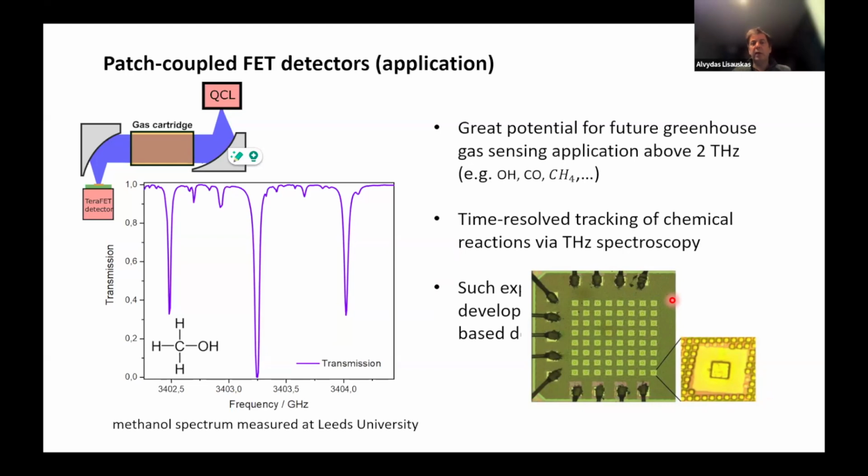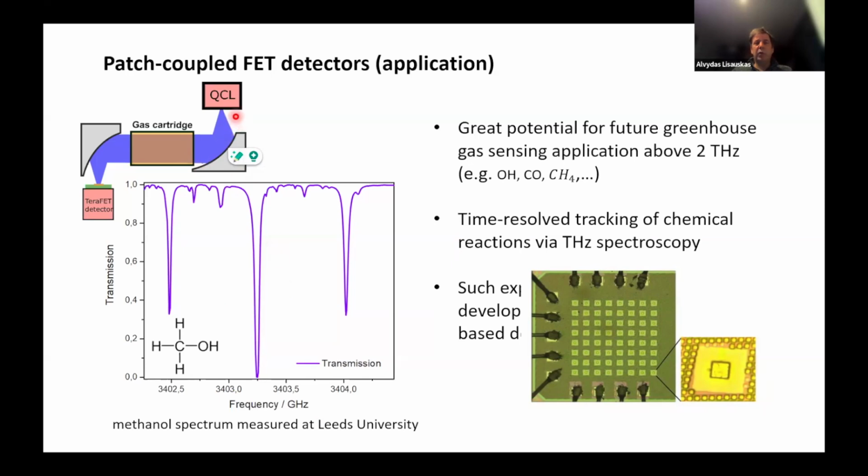And one of the very interesting results, measured by colleagues at Leeds University, is transmission spectroscopy of methanol gas from a gas cartridge placed at some lower than atmospheric pressure, because gas lines become narrow only at a few millibars.